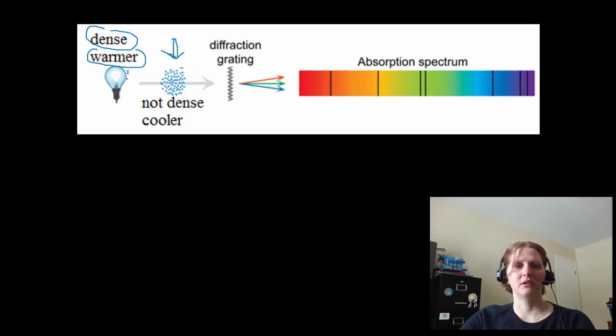So imagine a background star and the starlight's trying to get through a nebula. And by the time that beam of light gets to us and we pass it through a diffraction grating, this is what it would look like. A background rainbow with the spectral lines missing.